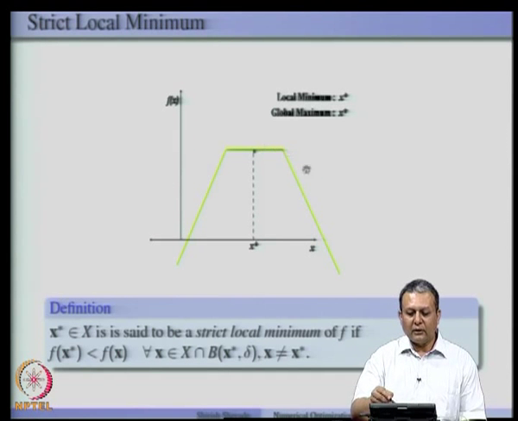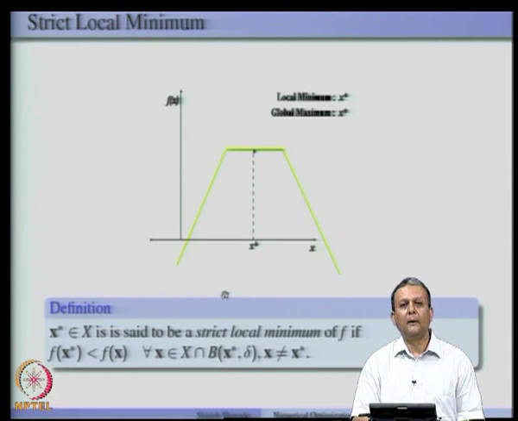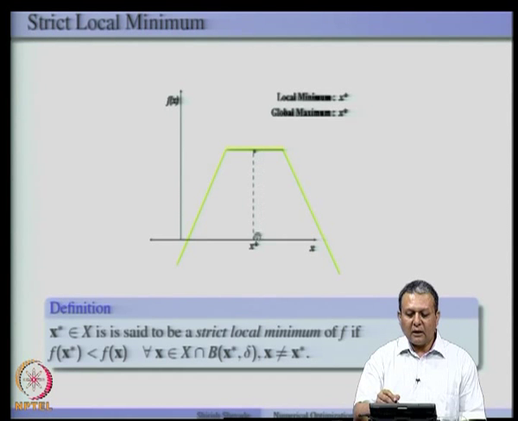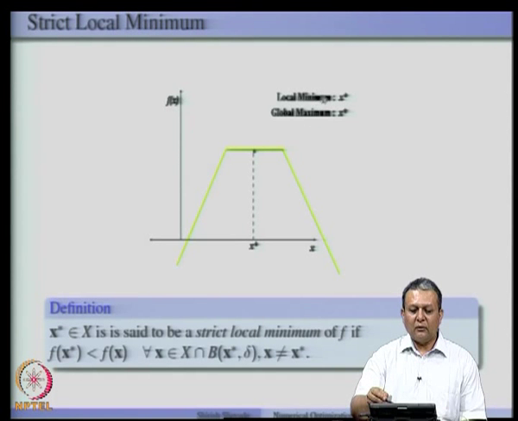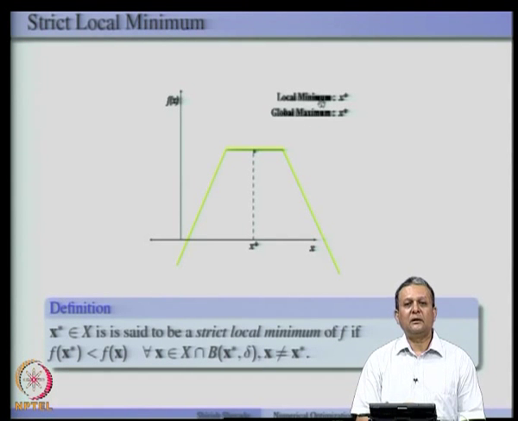But by looking at the function, assuming that the function goes to minus infinity in both the directions when x goes to plus infinity and minus infinity, you will see that x star indeed is a global maximum. So, you have x star to be a local minimum as well as a global maximum.